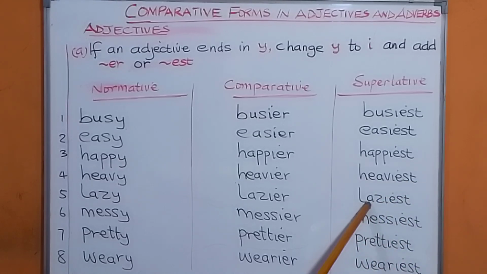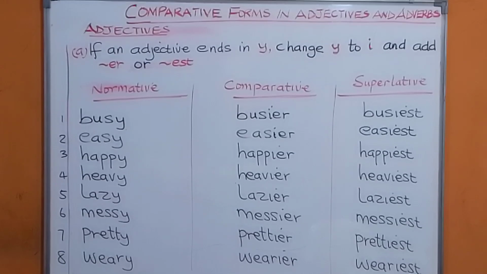That girl is the laziest in the class. This room is the messiest of all the rooms. That girl is the prettiest girl in the town. He is the weariest man I have ever seen. This work is the weariest work I can ever do.